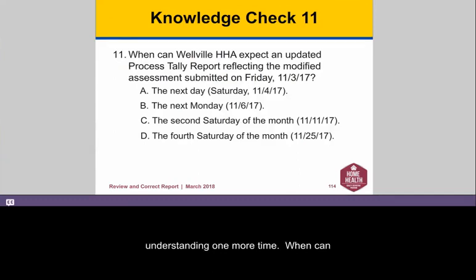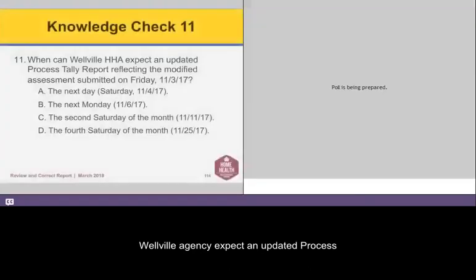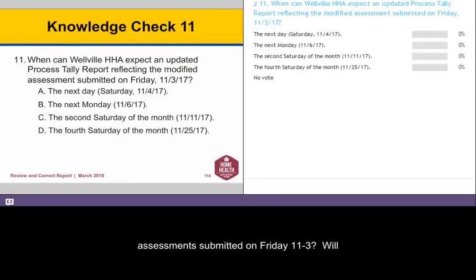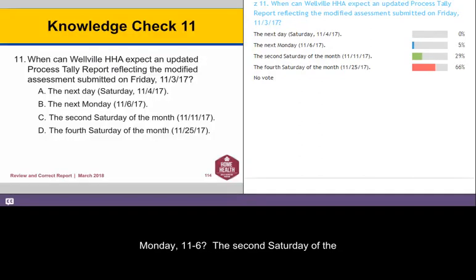When can Wellville Agency expect an updated process tally report reflecting the modified assessment submitted on Friday, 11/3? Will it be the next day, Saturday, 11/4, the next Monday, 11/6, the second Saturday of the month, 11/11, or the fourth Saturday of the month, 11/25?